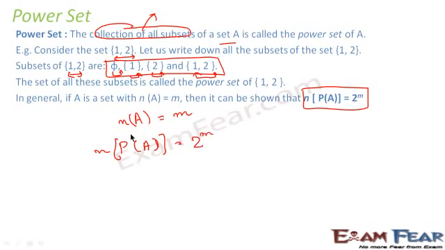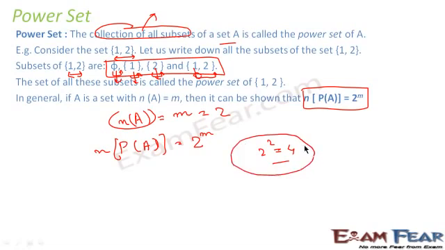I'll take this example to show it. In our case, the number of elements of A was 2, so m was 2. So 2 to the power 2 is equal to 4. As you observe, the number of elements in this power set is 1, 2, 3 and 4. Hence the formula is proved.